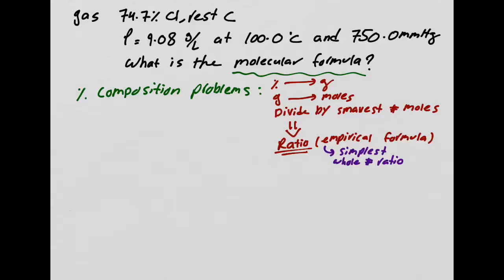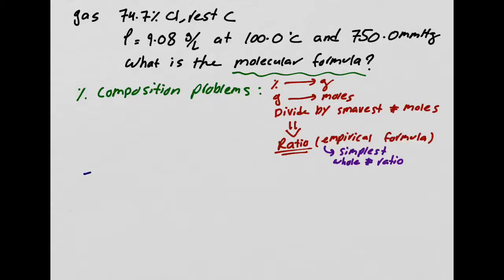The first thing you need to do is percentage to gram. Because everything adds up to 100%, I can take the percentage and say that's my gram, since a percentage is a ratio and it has to end up being 100%.